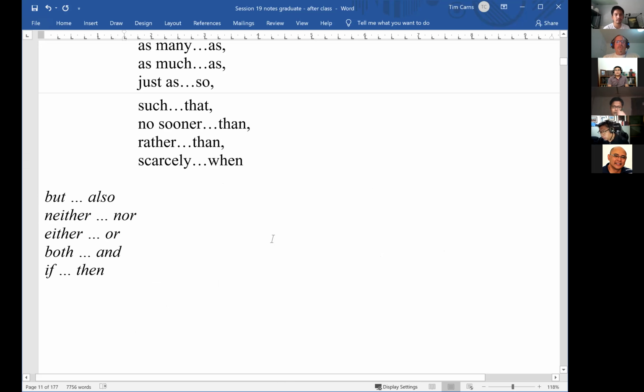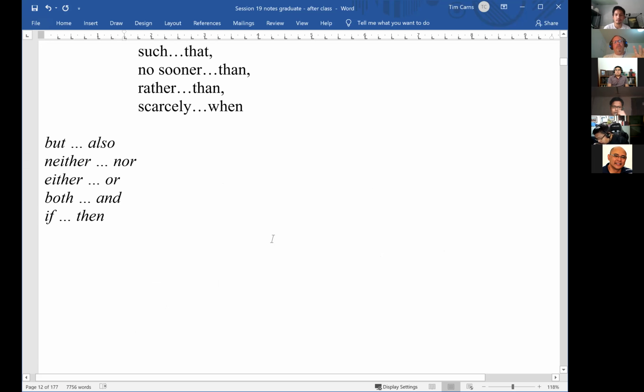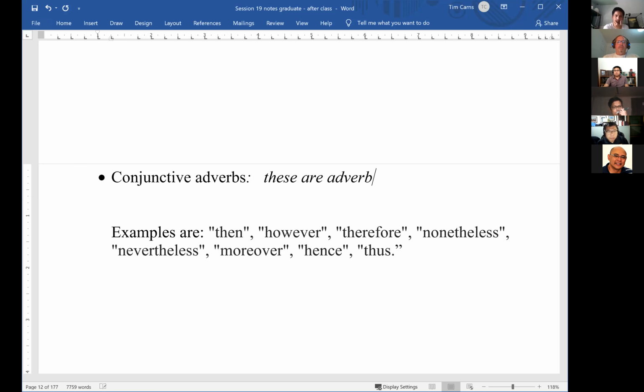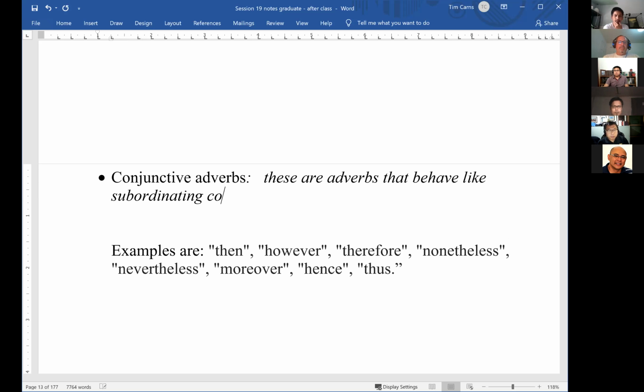Okay. There's one other thing, and I think Pastor Robbie mentioned this group as well. In addition to correlative conjunctions, there's a fourth group of words that are called conjunctive adverbs. All right. But they're going to behave just like a subordinating conjunction. So I really wouldn't worry about trying to identify or understand that. They're just basically adverbs that behave like subordinating conjunctions. Okay.